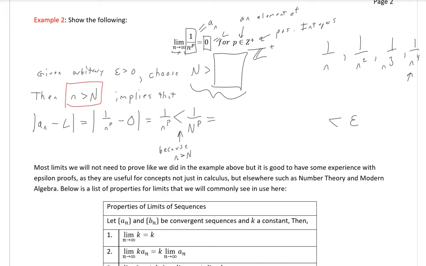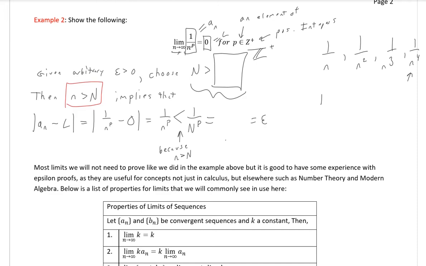So what I want to do is get epsilon on top, and I want to get rid of that p exponent, so I'm going to have to do a couple things. So we're going to build something here, or you can actually solve this separately. So we want this to be equal to something that's less than epsilon. Or actually that's equal to epsilon is fine as well.